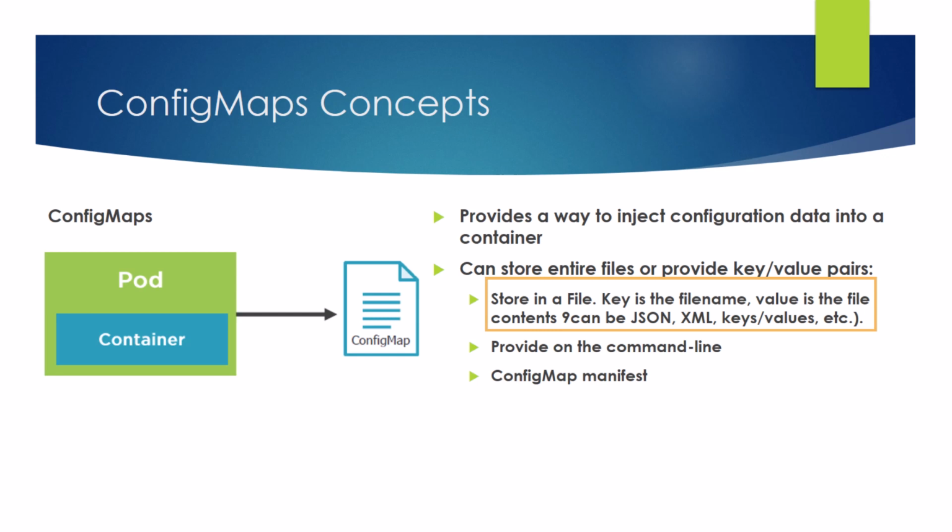What will happen, you will see here, is the file name becomes the key, and then the value would represent all the contents of the file, and then you can dive in from there to actually get the values out of it. You can also provide these values on the command line as just literal values if you'd like, and I'll show how you do that. It's very simple with kubectl. That's really nice when you just want to add a config value really quickly.